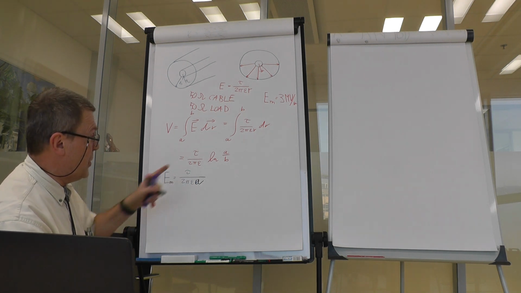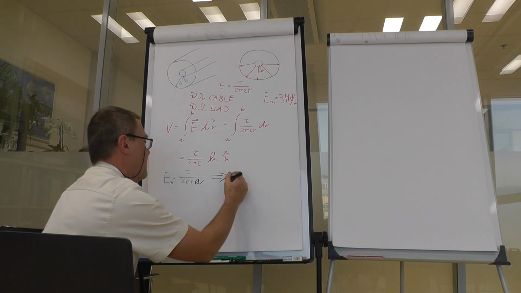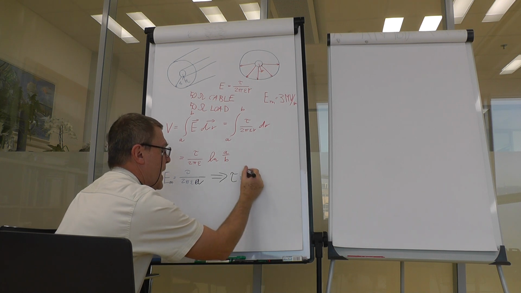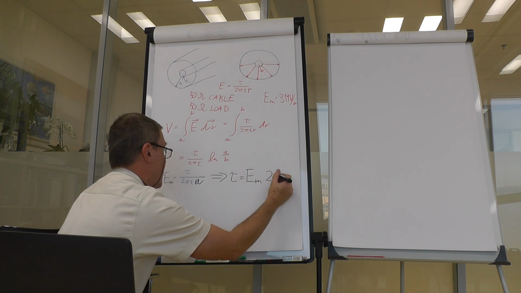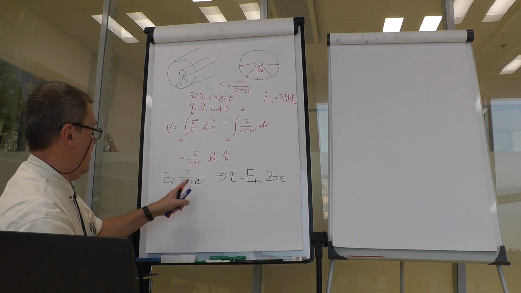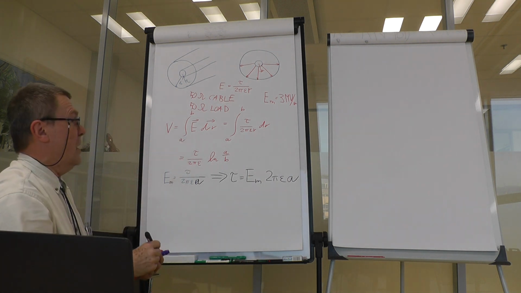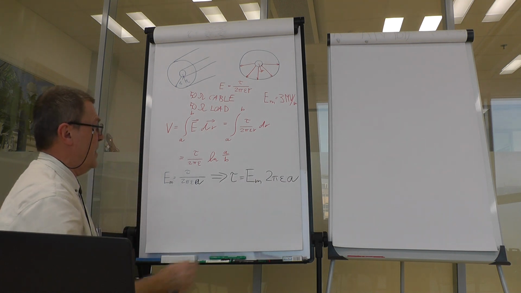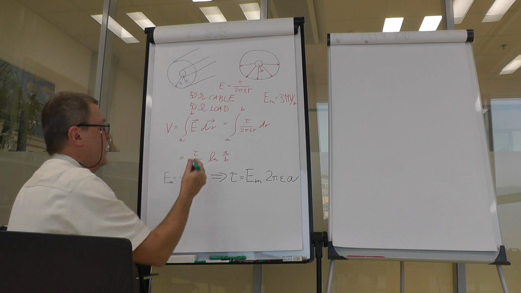And now we can establish tau. It is equivalent to maximum field strength times 2 pi epsilon A. Now we can get this charge density and put it here into this equation, because those two values are relevant.